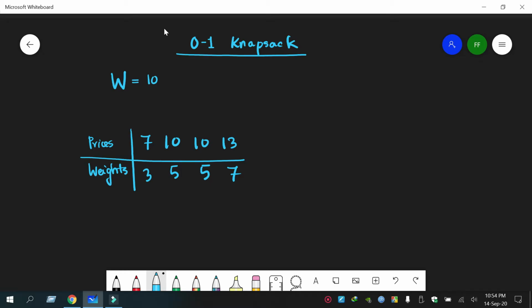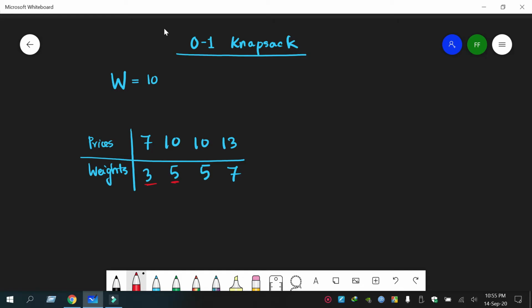Now if you think about this problem, you can actually approach it in many ways. So at first let's find the answer. For this problem, you can take several combinations of these objects. You can take these two, for example, this one and this one.